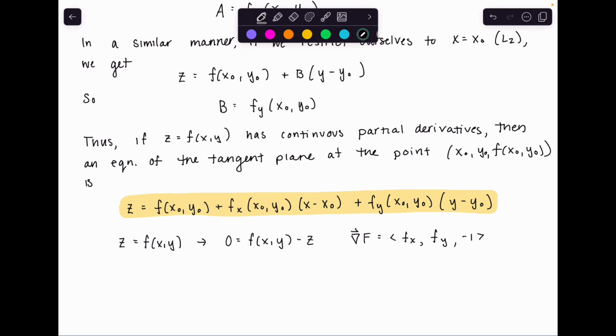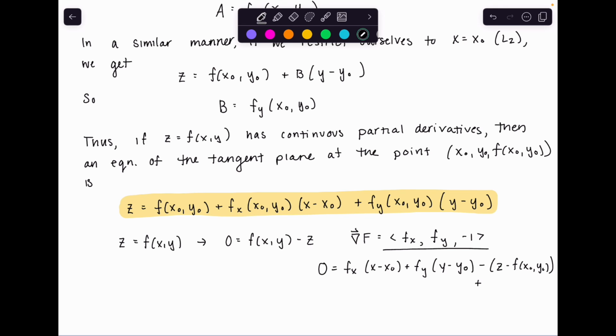So you would evaluate this at that particular point, and your equation of the tangent plane would be that partial times x minus the x coordinate of the point, plus the partial times y minus the y coordinate of the point, and then minus 1 times z minus the z coordinate of the point, which is the initial point, equals 0.